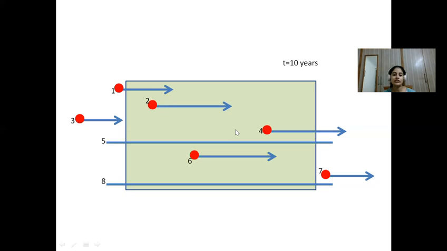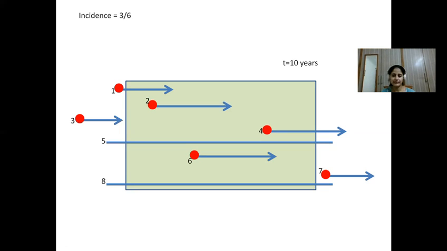Total number of population at risk is not 1 because 1 already had the disease at onset of the time period. 2, not 3 because 3 already had death before onset of time period. 4, 5, 6, 7, and 8. So the denominator is 6. So incidence is 3 upon 6 into 100, that is 50%. So that is our incidence.